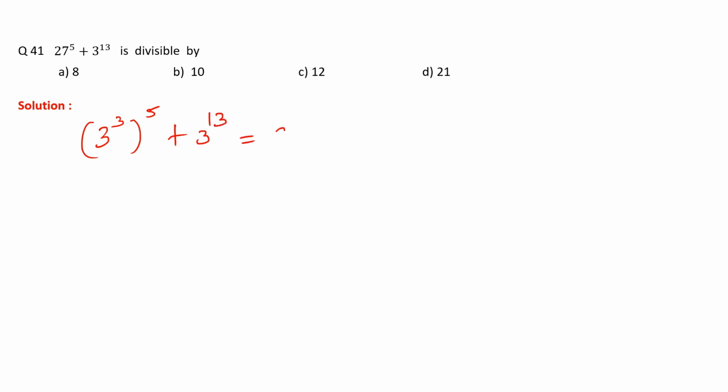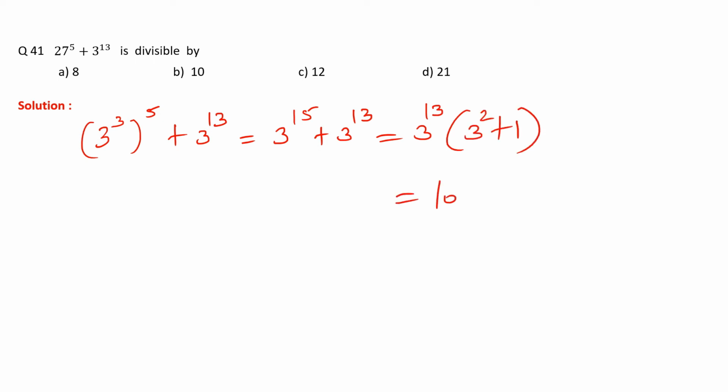Now this becomes 3 to the power 15 plus 3 to the power 13. Or if I take out 3 to the power 13 common, inside the bracket I will be getting 3 square plus 1. So that means it is nothing but 10 into 3 to the power 13. So obviously this expression is divisible by 10.